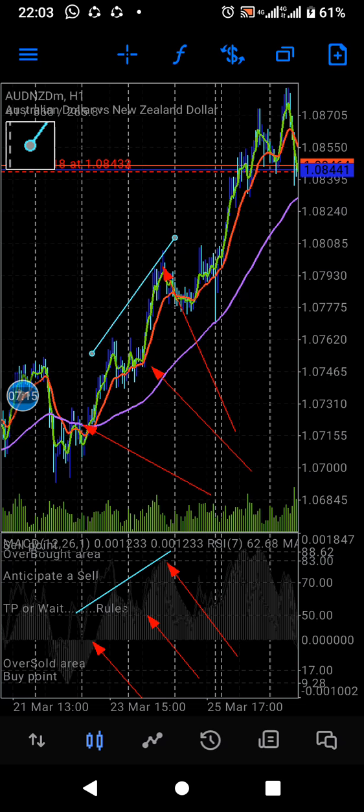It's not drawn like this. I'm just showing us the high and high. The trend line on an uptrend is not drawn like this. I'm just marking the highs, for you to see what I'm talking about.